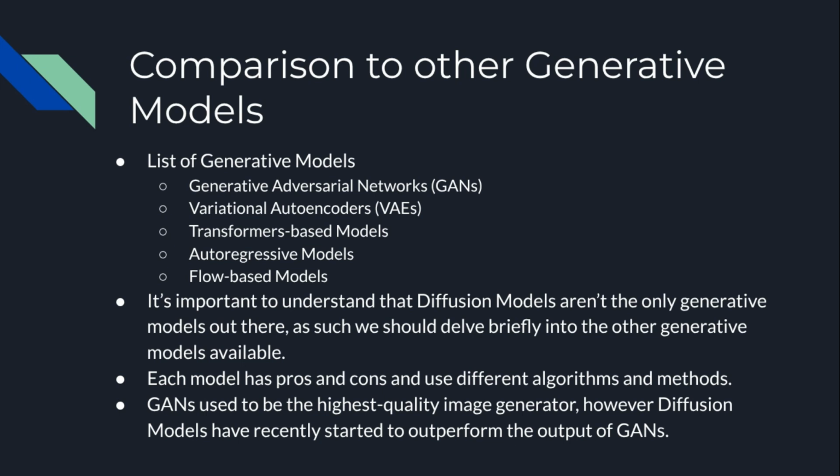Variational autoencoders have two parts, as mentioned before, an encoder and a decoder, and it works differently from generative adversarial networks, even though both models do remove all the noise in one go. And they are generally faster than both diffusion and generative adversarial networks.